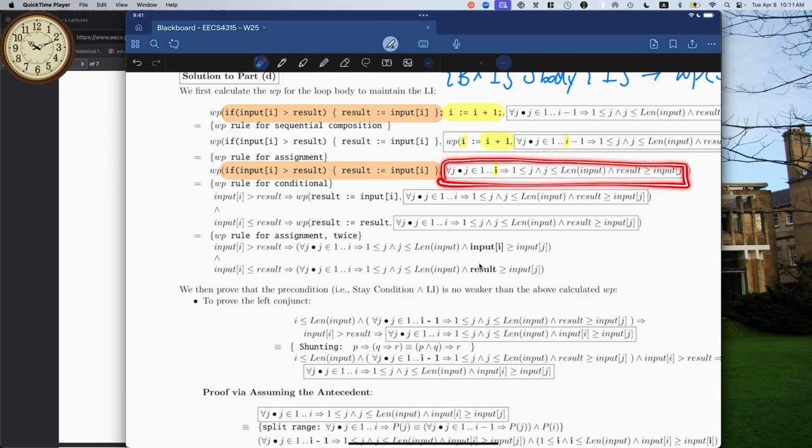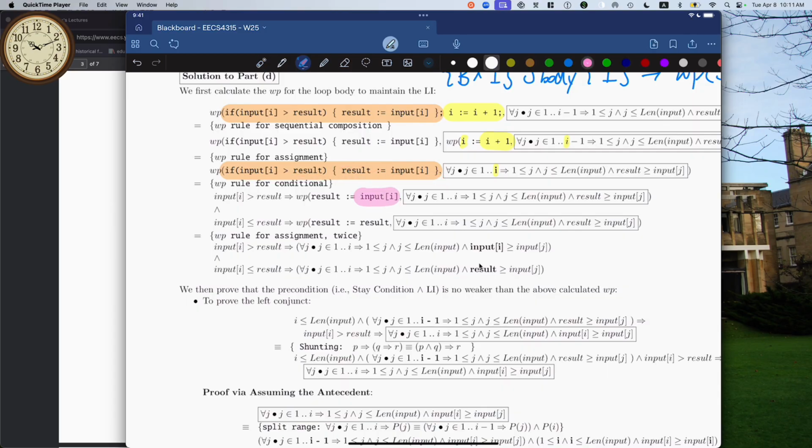If you go for this branch, result is assigned to input J. Or if the condition is not true, result doesn't really change, and if it doesn't change, it's as if it's simply assigned to itself.